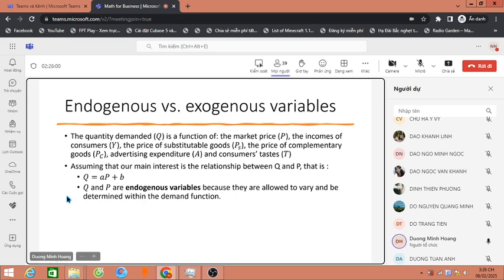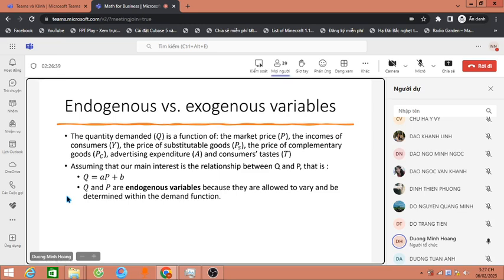Now, if we write it like so, that is because our main interest is exploring the relationship between price and quantity. But the quantity that consumers want to buy does not solely depend on the price only.